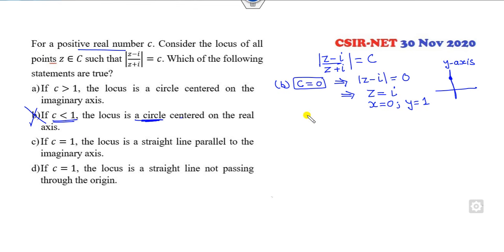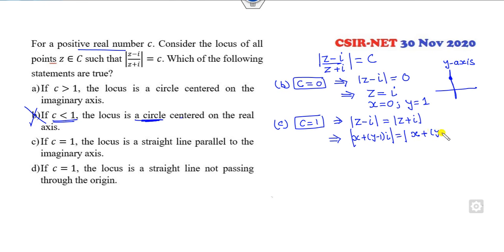If C is equal to 1, what does it mean? It means the modulus of z minus iota is the modulus of z plus iota, and if I open this, it is x plus (y minus 1) iota, or is equal to x plus (y plus 1) iota. Okay, then you can simply take the modulus. It will be x square plus (y minus 1) whole square is x square plus (y plus 1) whole square.